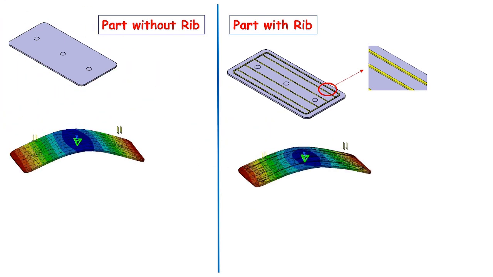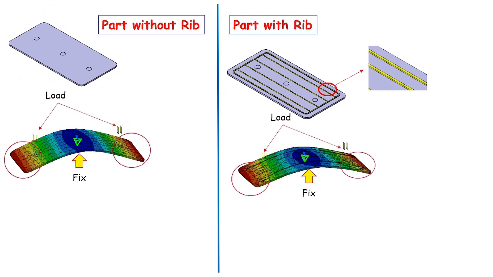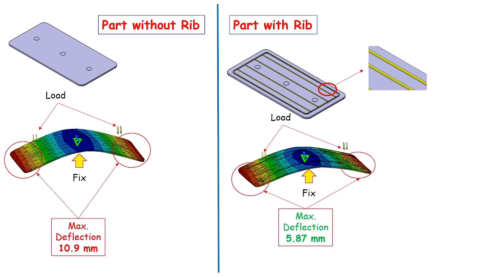So we take two parts, fix them at the bottom, and apply the same load on both parts. You can see here that the end of this red portion shows the maximum deflection of both parts. In the part without ribs, the maximum deflection is 10.9 mm, and in the part with ribs the maximum deflection is 5.87 mm.